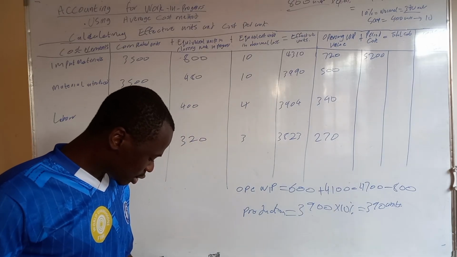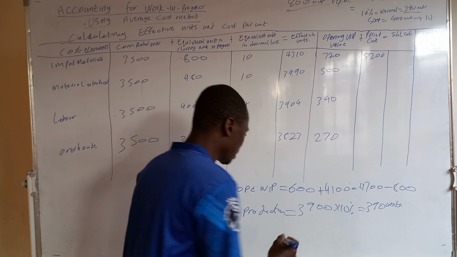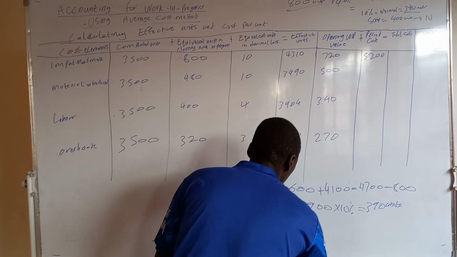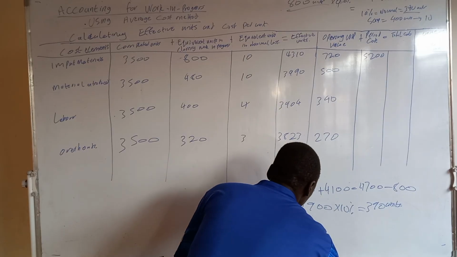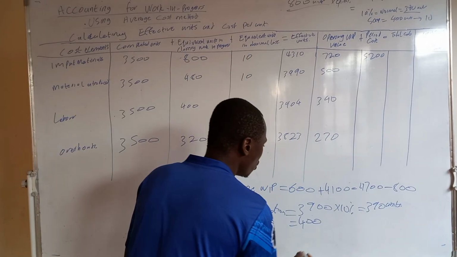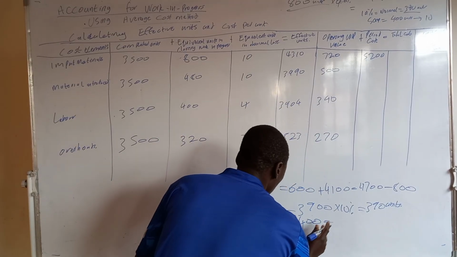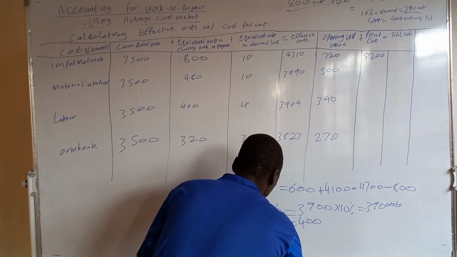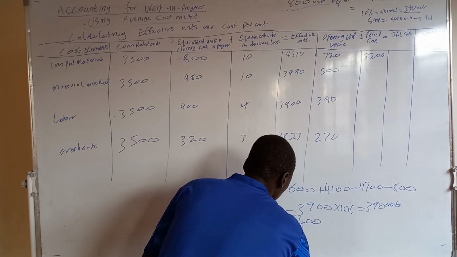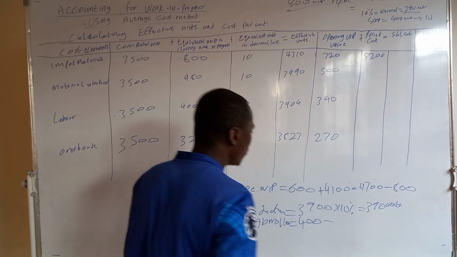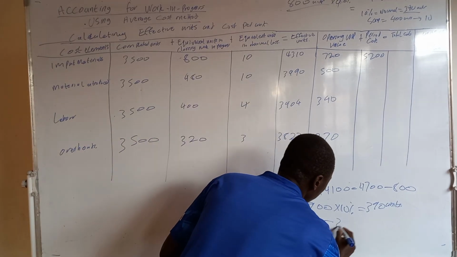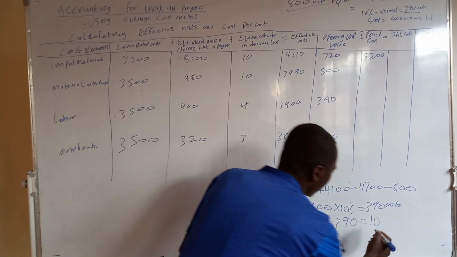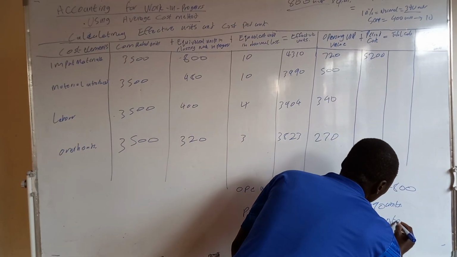The scrapped units here were 400. So this one gives us our abnormal loss. Therefore, the abnormal loss is 400 minus 390, and that gives us 10 units.